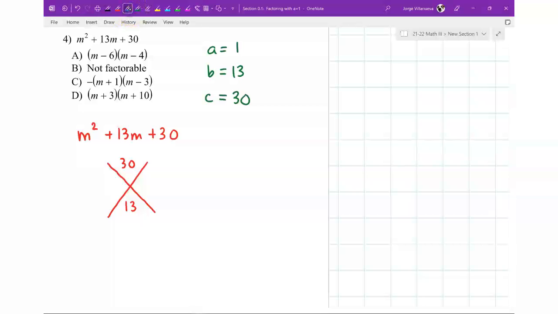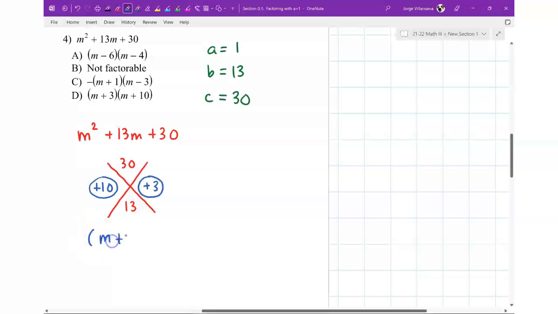So positive 10 and a positive 3. Those multiply to 30. Those do add up to 13. So that looks good. Okay, so I'm just going to write down m plus 10, m plus 3. And if I look, that's option D.